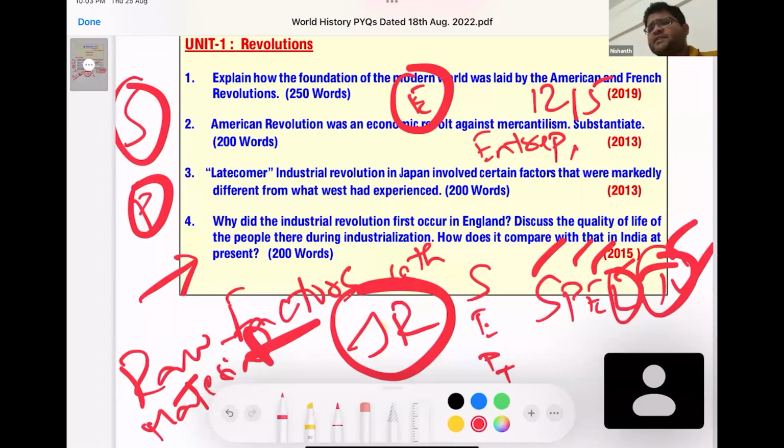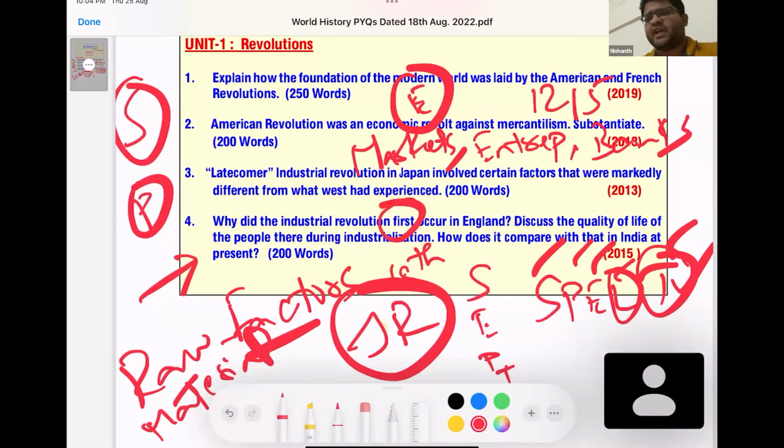They had markets where their finished goods could be dumped or sold. So all these are the factors which helped England to be one of the first in the industrial revolution. Of course, during the latter half, we know that the entire Europe became industrially revolutionized, but the first one was England. So the first part of the question is answered.